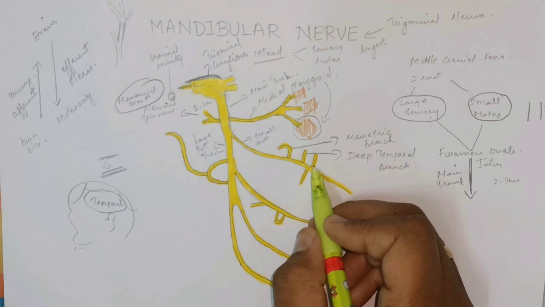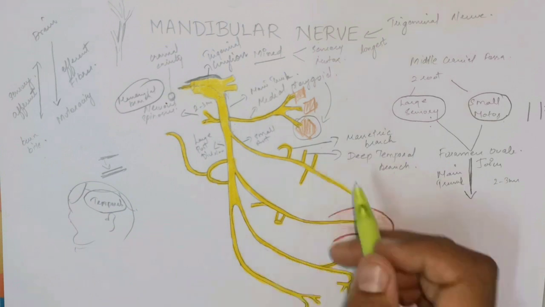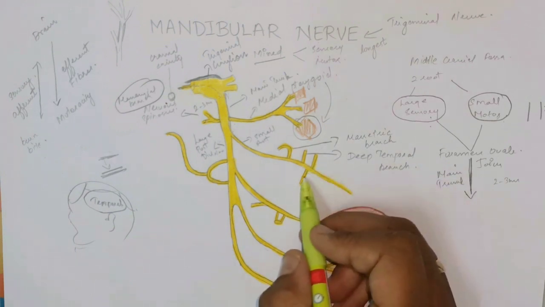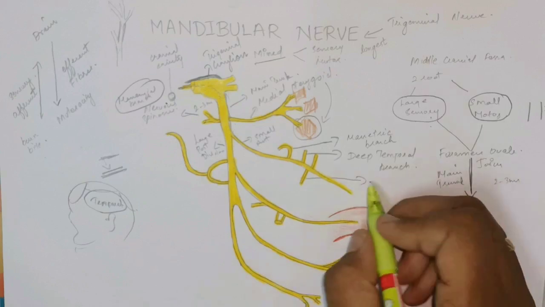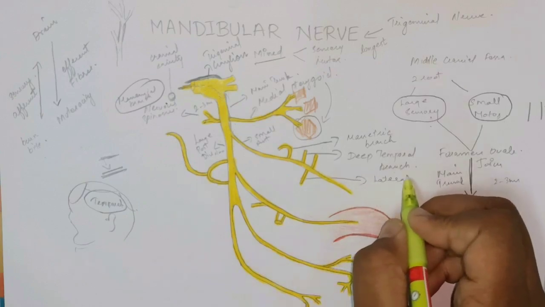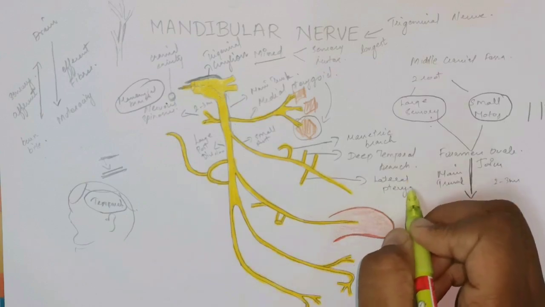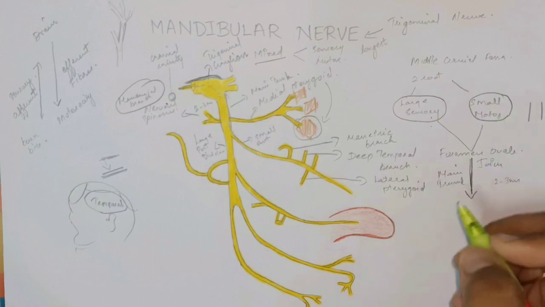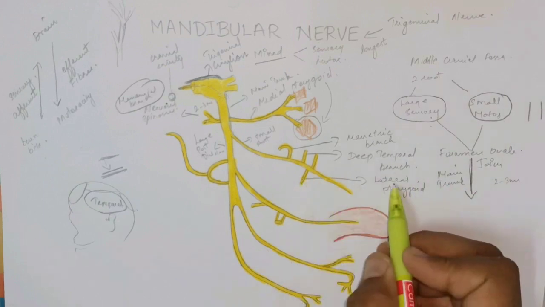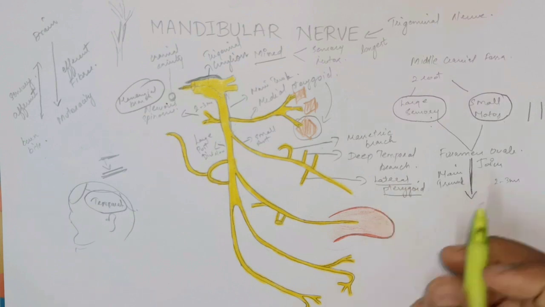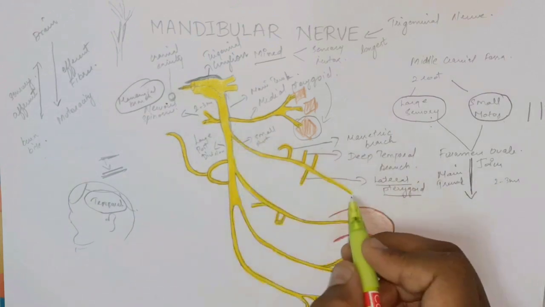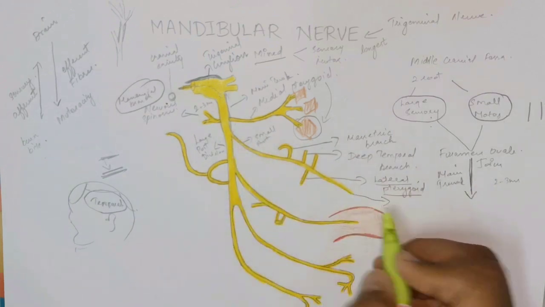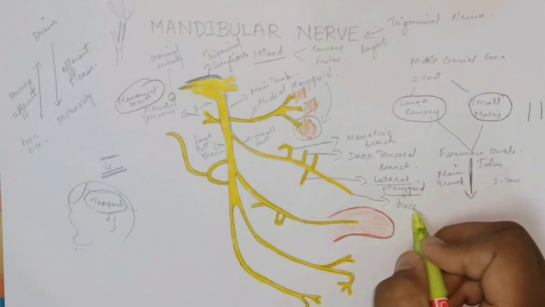And the next branch is our nerve to lateral pterygoid. The main trunk supplies your nerve to medial pterygoid, and the small anterior portion gives the nerve to lateral pterygoid, which supplies the lateral pterygoid muscle. And next is your buccal nerve.